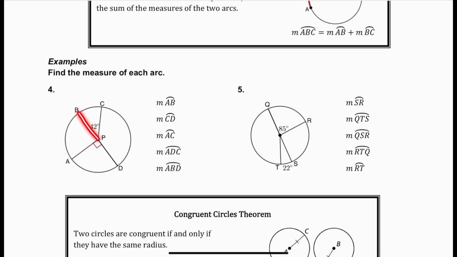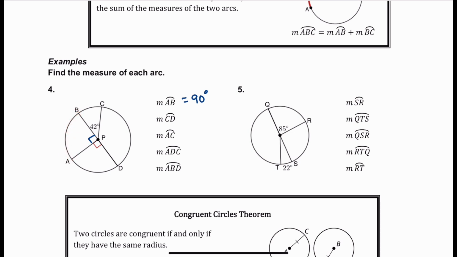I have half a circle here, which is 180 degrees. Right next to it, I have a 90-degree angle. If I take 180 degrees minus 90 degrees, this is also a 90-degree angle. So I'm just going to put 90 equals 90 degrees. But it's how we measure this piece of the circle by its angle here.